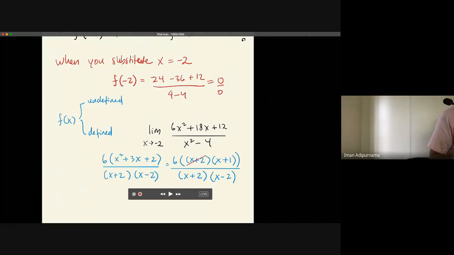So we are canceling this part. So we have f of x now, or let me write a different function. Let's write g of x. But let's write just f that is defined.